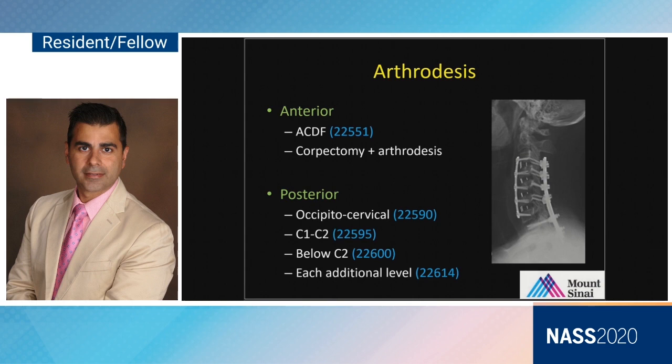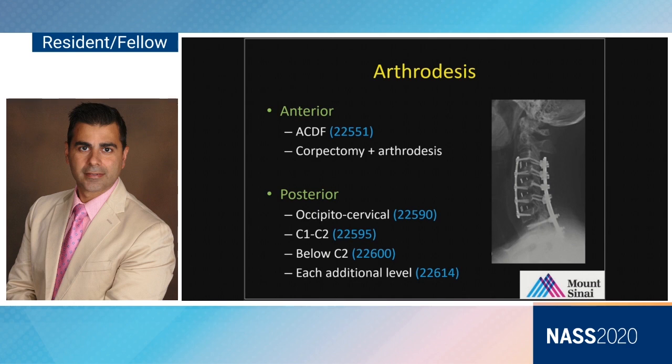So you'll notice a pattern where cervical, thoracic, and lumbar spine all have a unique primary level decompression and a primary level fusion code, and then the add-on codes are typically the same across the various segments of the spine.